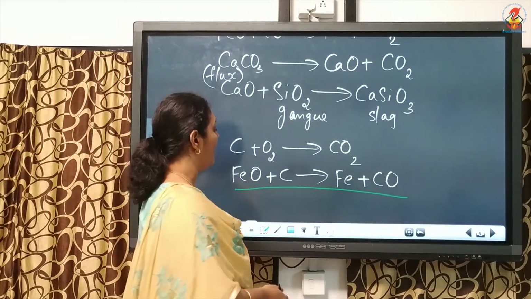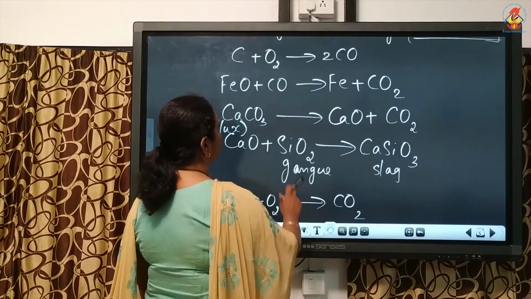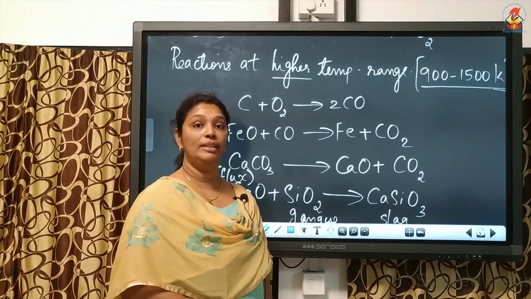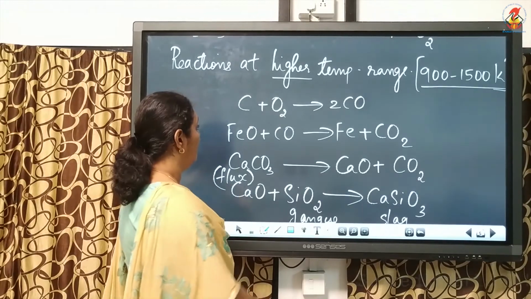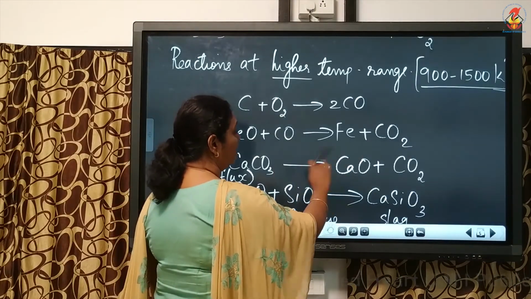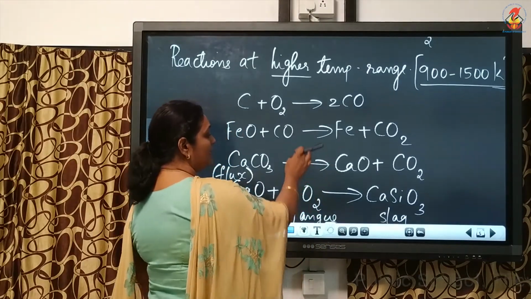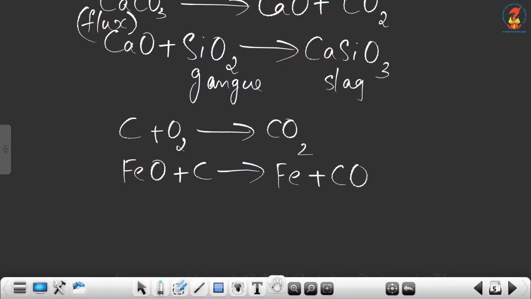So, these are the different reactions taking place in higher temperature range in blast furnace, that is 900 to 1500 Kelvin. The formation of iron metal, decomposition of limestone into CaO, which then combines with silica to form slag calcium silicate.